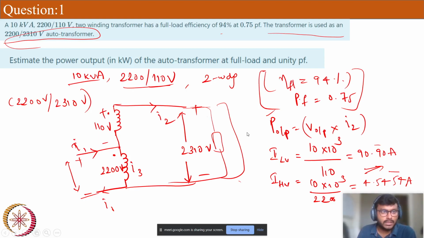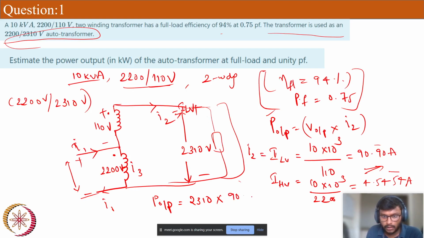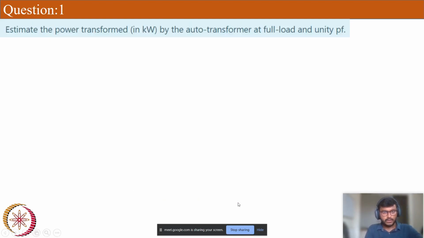So coming back to our question, we need to calculate the power output of the transformer. Now simple. The power output is equal to V output 2310 multiplied by I2. I2 is nothing but ILV, 90.90.